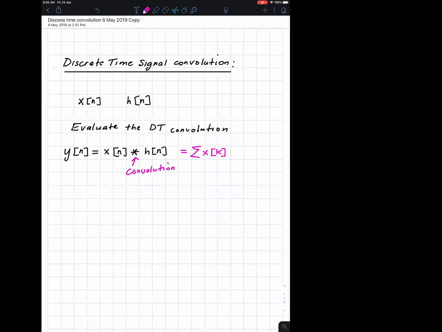On the other signal, we replace the n with n minus k.